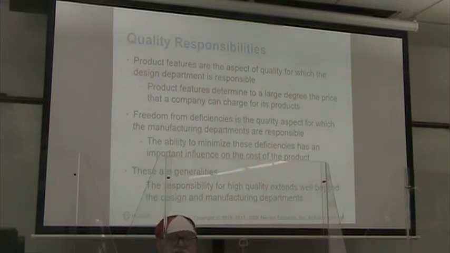Freedom from deficiencies is the quality aspect for which the manufacturing departments are responsible. So our ability to minimize these defects has an important influence on the cost of the product. Of course, these are very general aspects of this. Our responsibility for high quality extends well beyond the design and manufacturing departments.